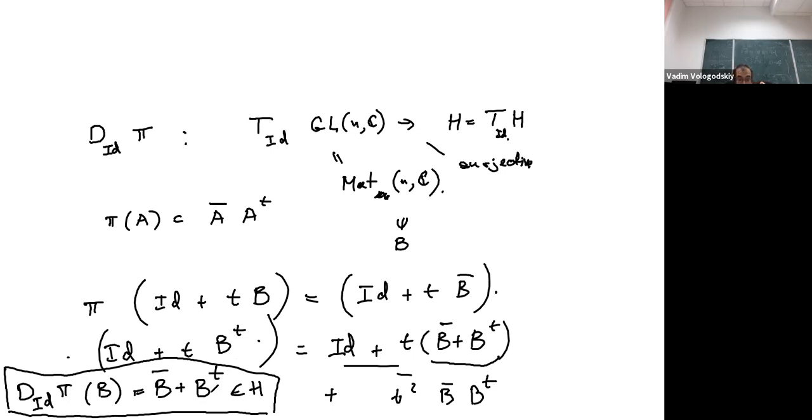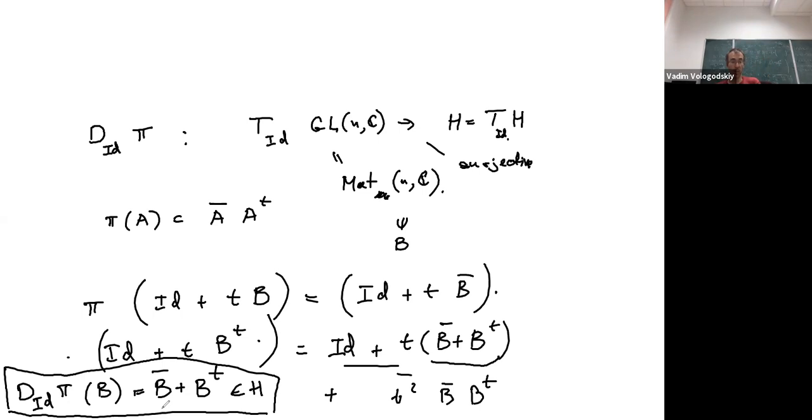If you take a Hermitian matrix A and take for B one half of A conjugate, then this differential applied to this B will be A. So we are done. We computed the differential at one point, and we proved that it's surjective, therefore it's surjective in a neighborhood.